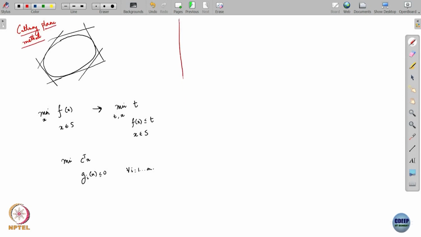So, what a cutting plane method would do is this. In an abstract form, given a polyhedron, at each iteration k, you have a polyhedron P_k. So, we are going to assume that you are minimizing c transpose x subject to x in S. This is your original problem.